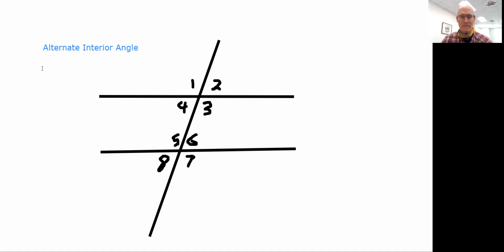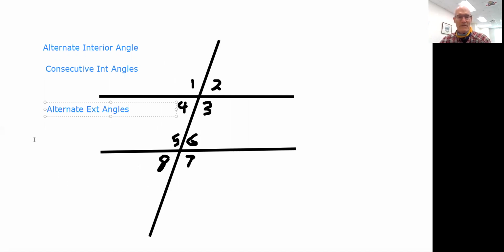And then we have consecutive interior angles. Consecutive interior angles would be 3 and 6, and 4 and 5. And then we have alternate exterior angles. Alternate exterior angles would be 1 and 7, and 2 and 6.